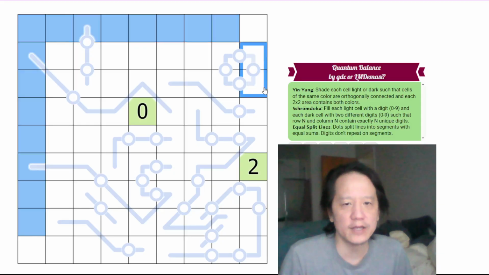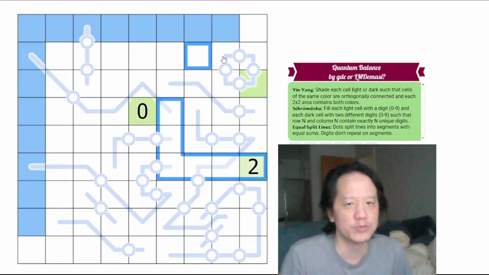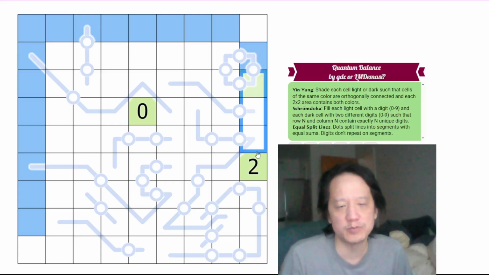We know, again, one of these is blue, one of these is green, because they can't be adding up. They can't be blue and blue here. So this must be green, because if this is green and that's blue, then we'd have the problem of swapping to green and then swapping back to blue and then swapping back to green. And then these would be orthogonally connected, which would break the blue apart. So this must be green, that must be blue, so this has to connect this way as green.